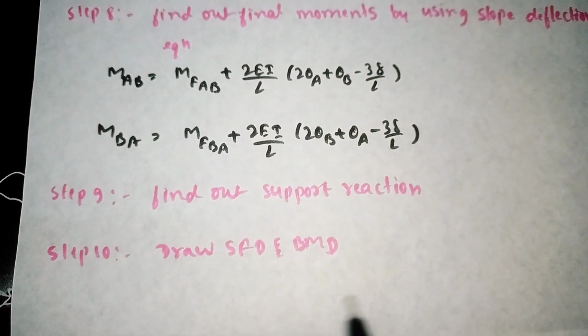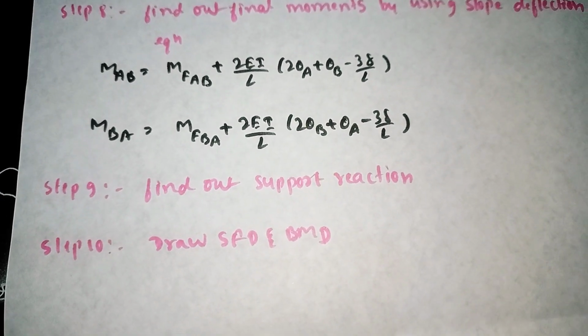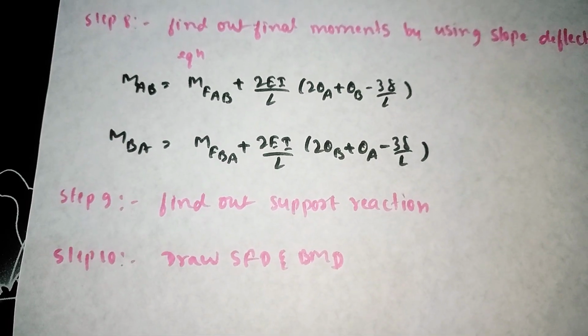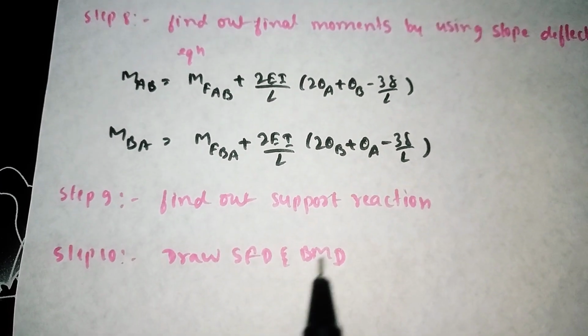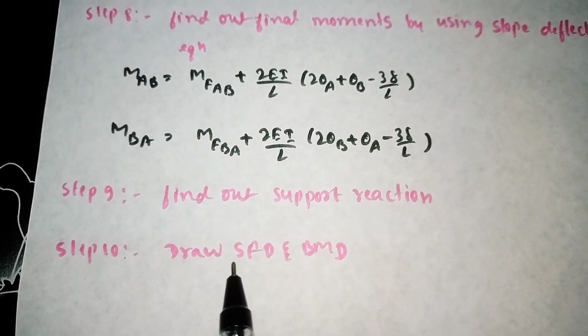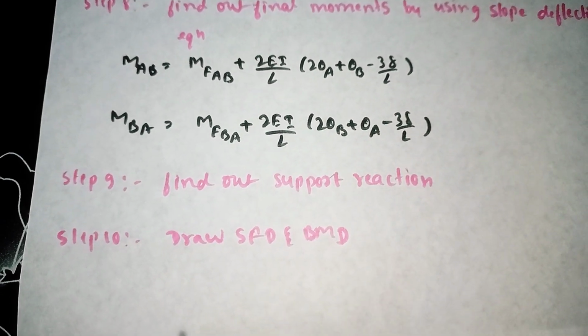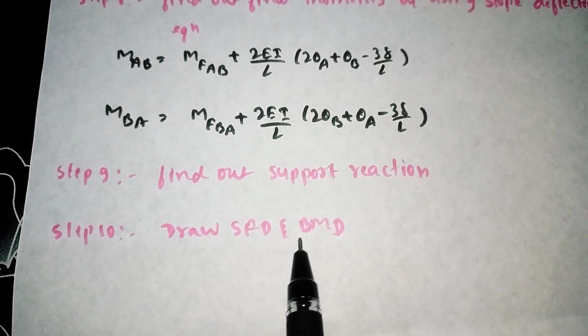Our step number 9 is to find the support reactions. We have already solved the support reactions. While solving the slope deflection method as well as moment distribution, when they ask to draw the SFD, then we need to find the support reactions. Our step number 10 is to draw the SFD and BMD.